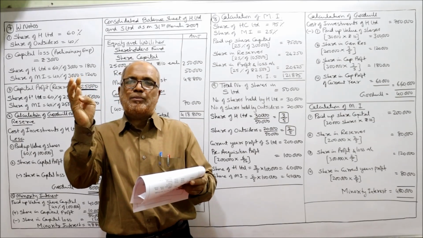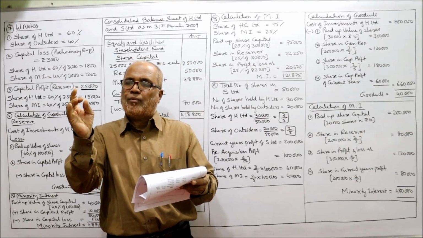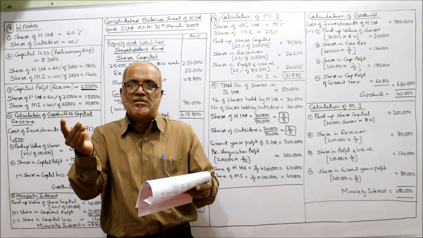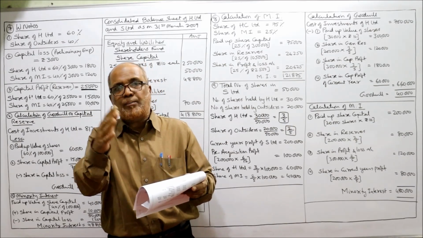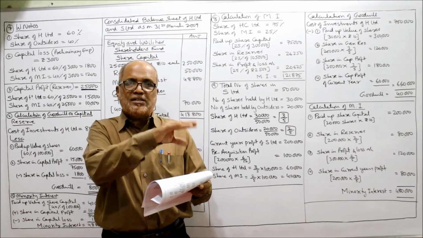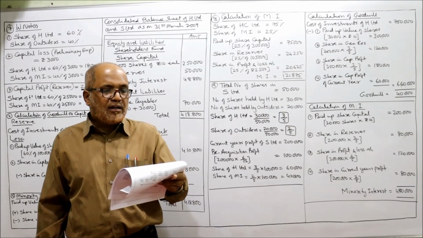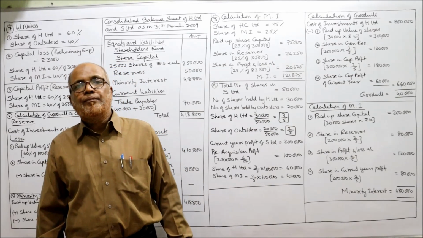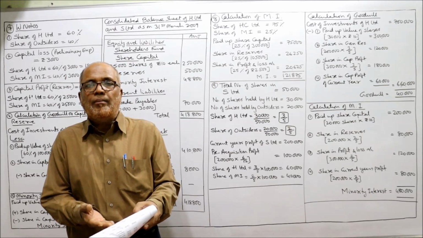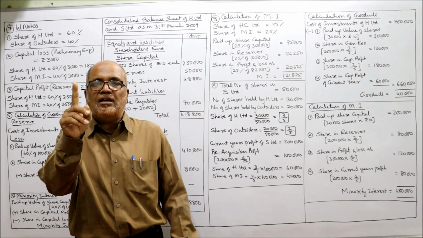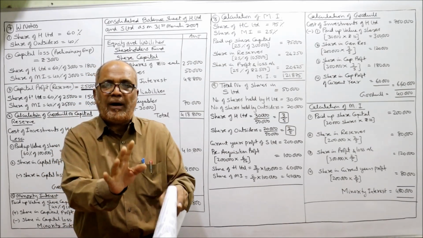August, September, October, November, December, January, February, March. So 8 months. In the current year, 8 months are post-acquisition and 4 months are pre-acquisition. Find out minority interest. That means the whole problem is asking only one thing: it is asking you to calculate minority interest.